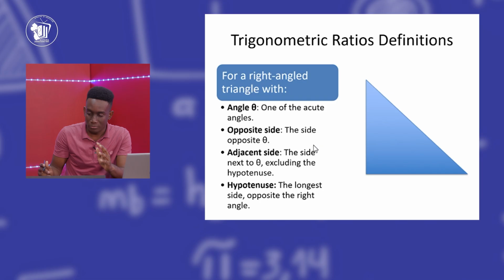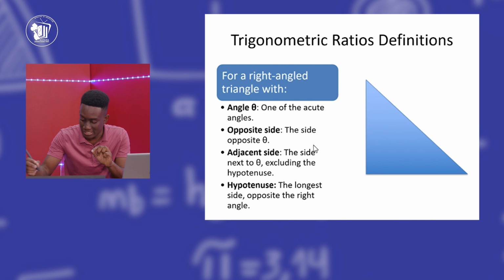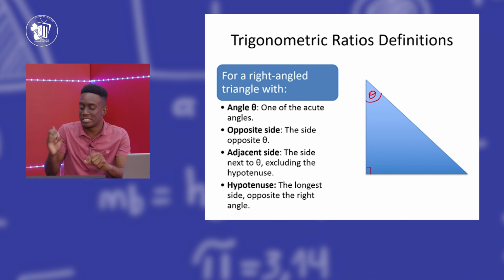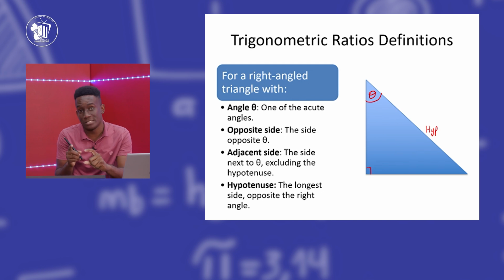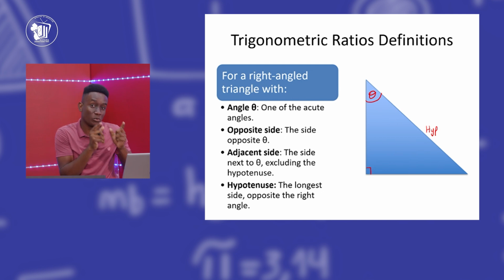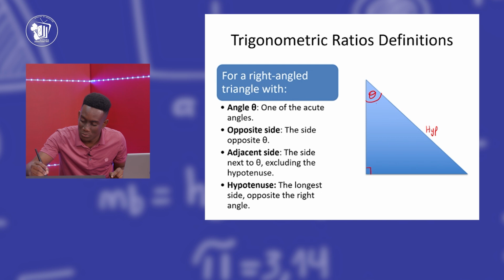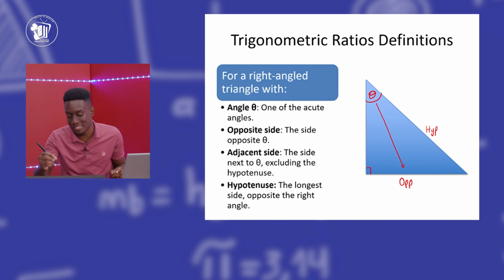The angle that we want to find in this case, we will consider that angle to be theta. So let's just say theta is here, and here is the right angle. The side opposite the right angle, we know we refer to as the hypotenuse, and the side opposite theta, which is the angle that we want to find, we will call the opposite, and the remaining side will of course be the adjacent side.